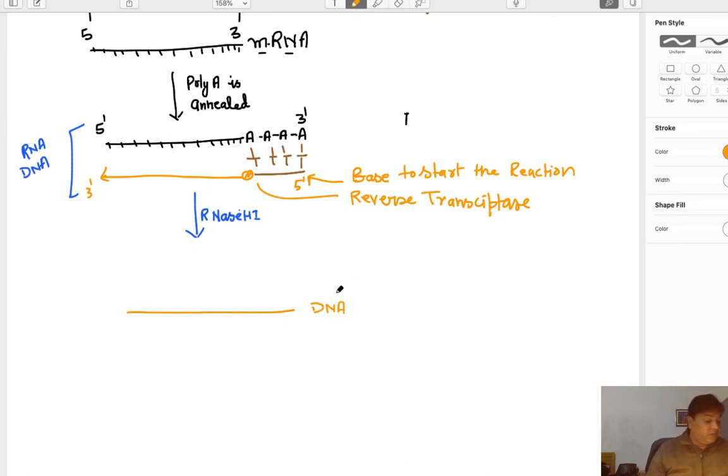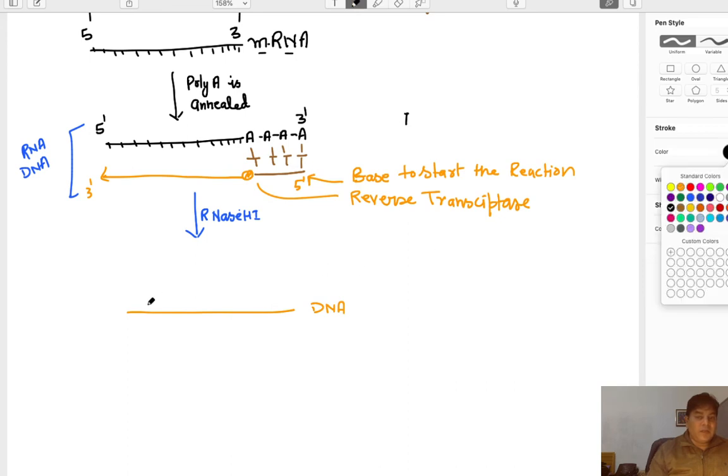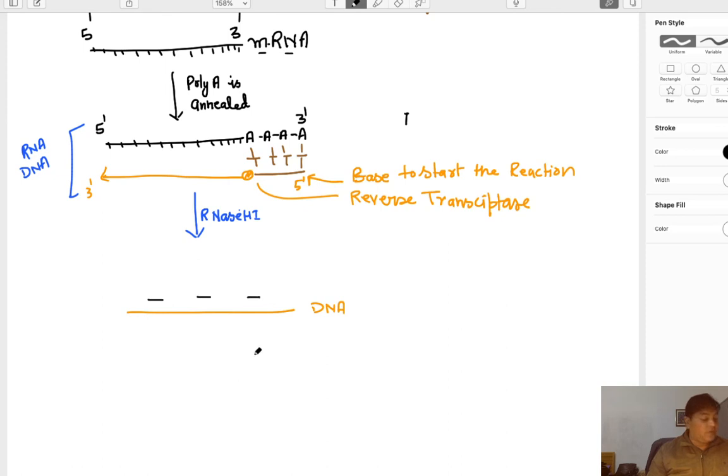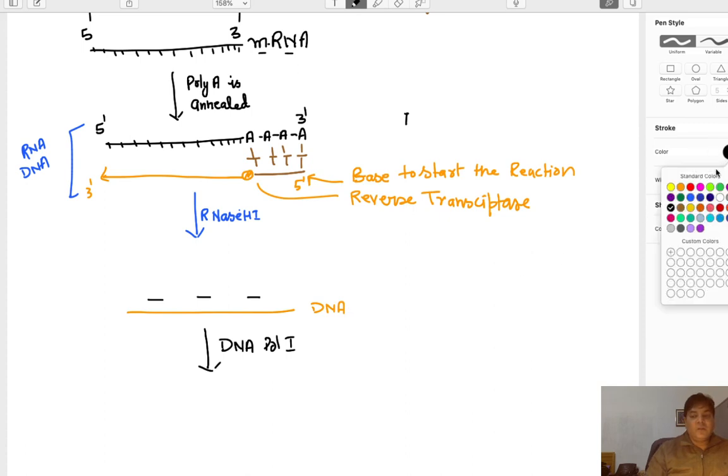Now this total RNA is not cleaved at small intervals. By chance, some of the RNA fragments remain. They are not able to cleave properly. So they act as a base, and then by using another enzyme, that is DNA polymerase, we complete the second strand of the DNA. Alright, so then what will happen?